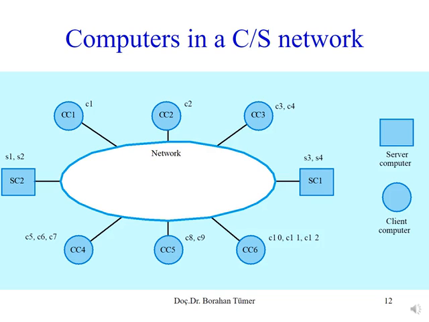As you can see, in server computer 1, the third and fourth server processes run, and in the second server computer, S1 and S2 are run. And as shown in the diagram, there are 6 client computers, and the distribution of the client processes on these computers is as shown in the diagram.